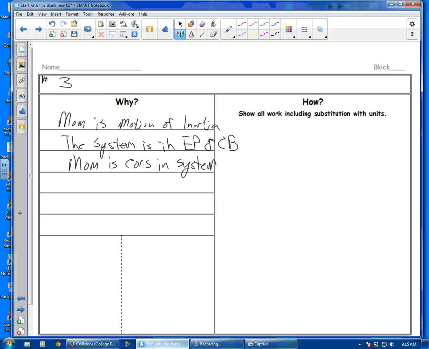Do you need diagrams for this one? Well, ask yourself, is there a system? Yes. Is there a before and after situation? Yes. The answer is yes to those two questions, so you need diagrams. I could actually, in my Y, explain things like, there's two bodies in the system beforehand and only one afterwards.